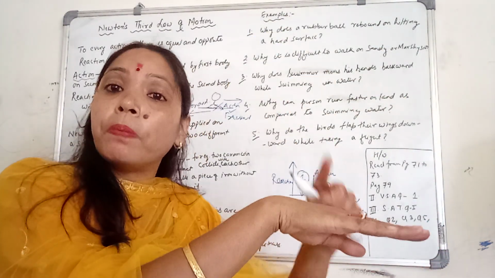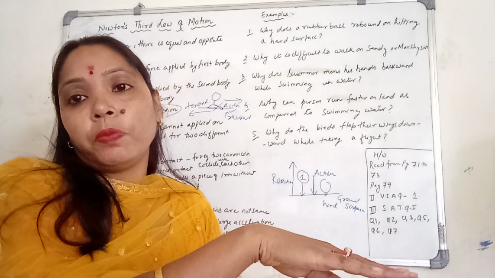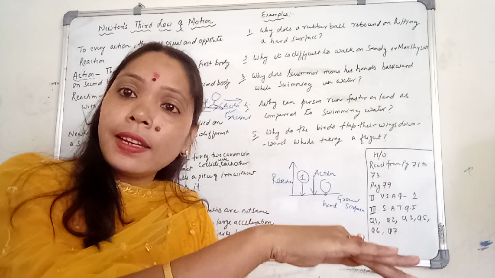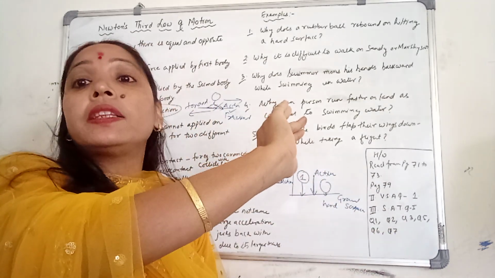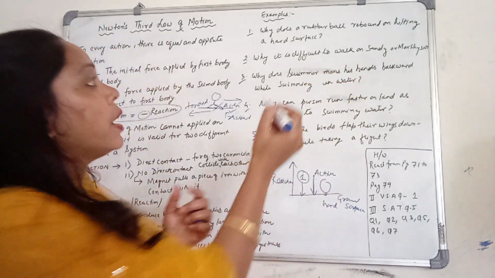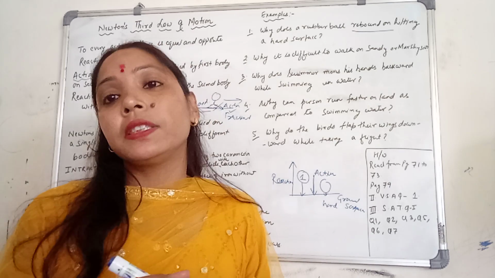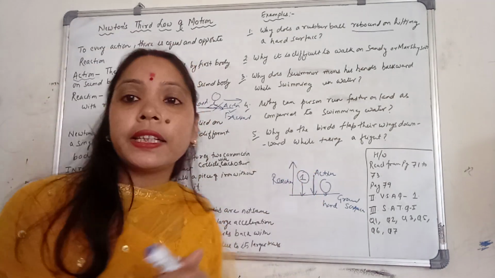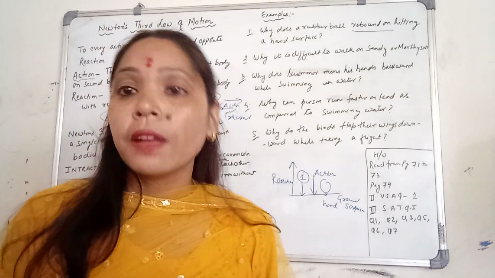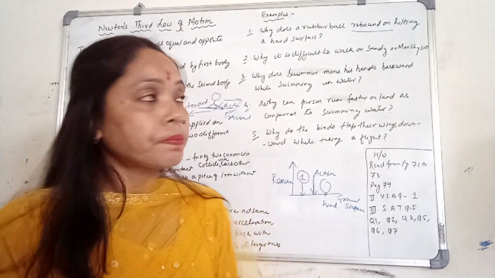Action means the ball is applying the force on the ground. With respect to this, the ground again applies the force on the ball. That's why it rebounds on hitting the surface. And these two, action and reaction, are the same but in opposite direction.